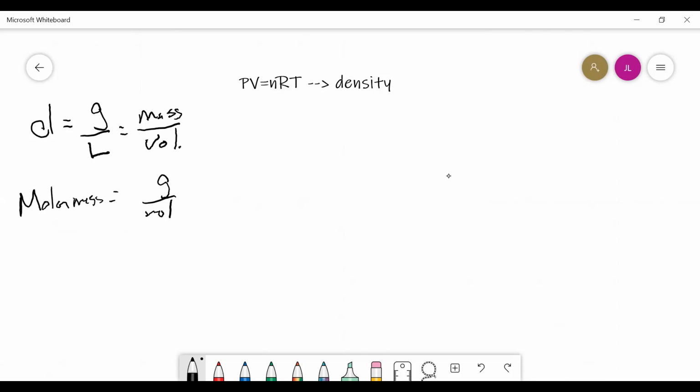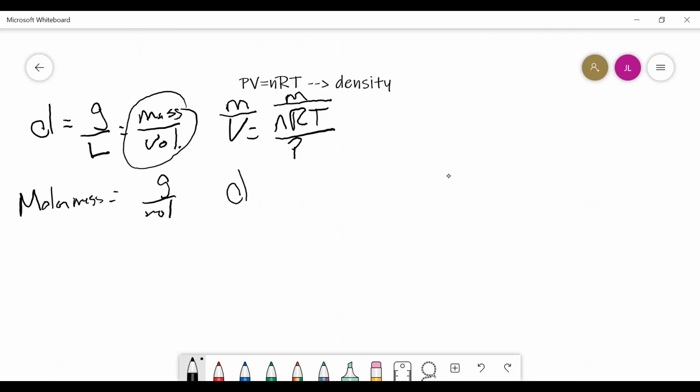If we start by solving for volume, we have volume equals nRT over P. Our density is mass over volume, so if we convert volume, we can take everything and have mass over that.